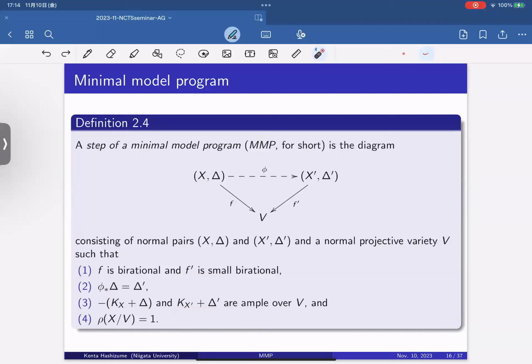So F contracts negative curves and F prime extracts positive curves. And this is a diagram of MMP for pairs.